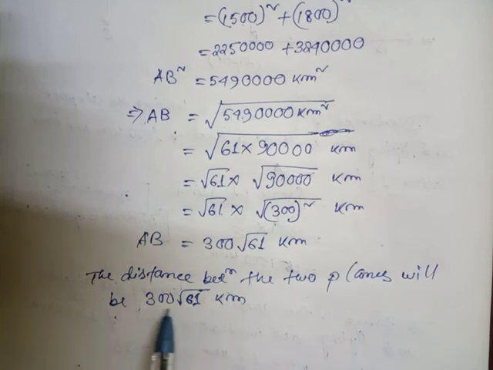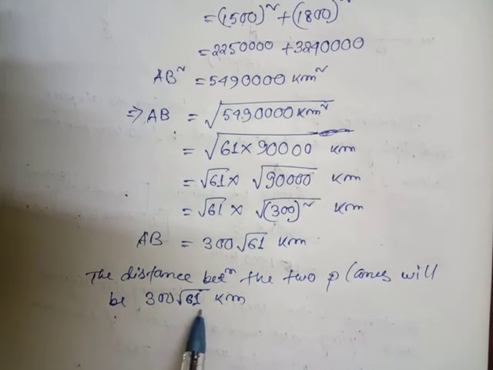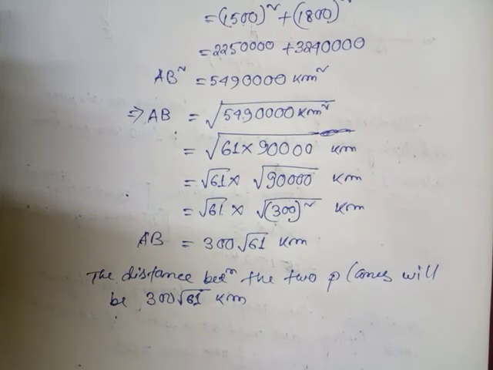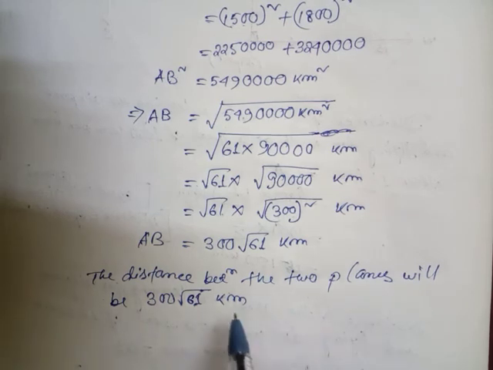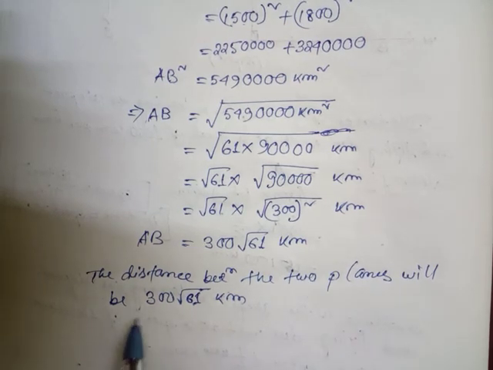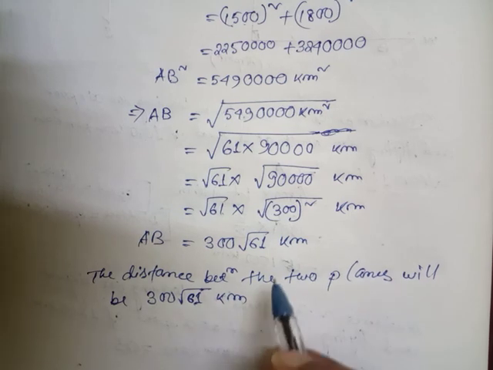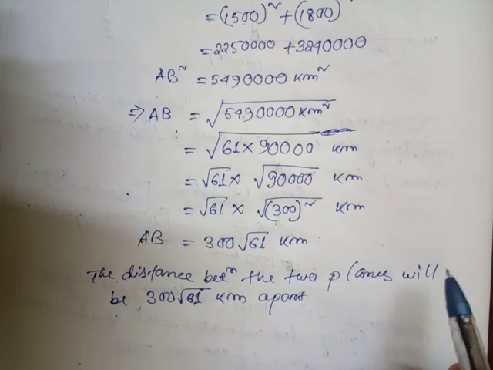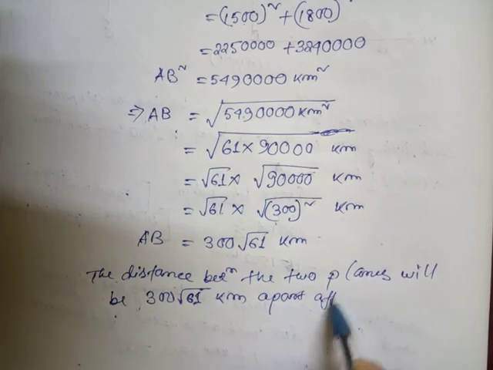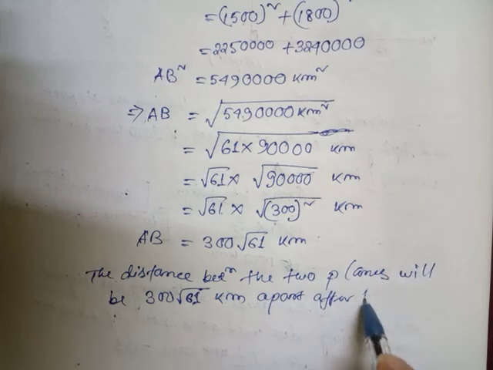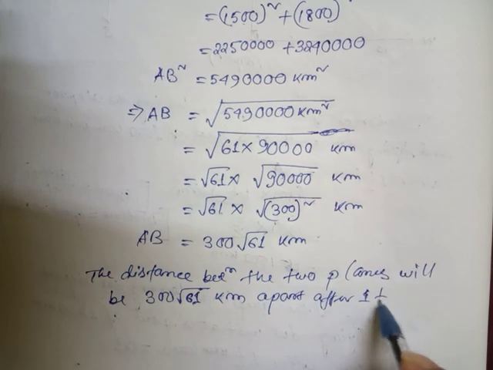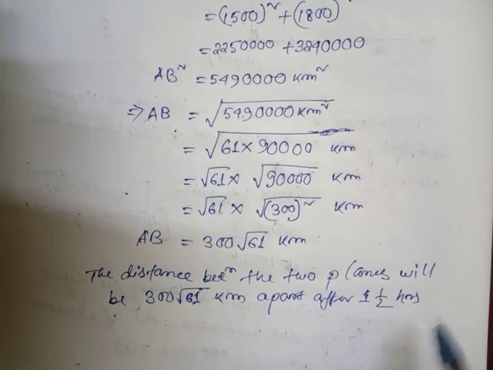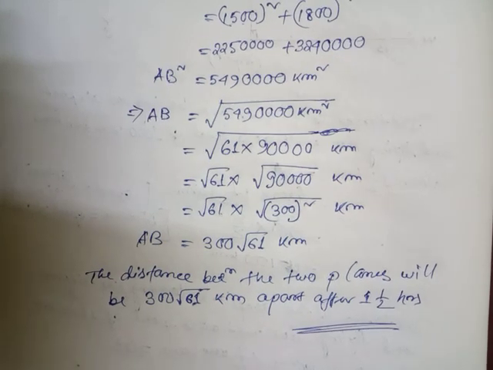If we multiply 300 into the value of root 61, we'll get the actual distance. Whatever may be, the two planes will be 300 root over 61 kilometer apart after 1.5 hours. This is the answer of question number 11.